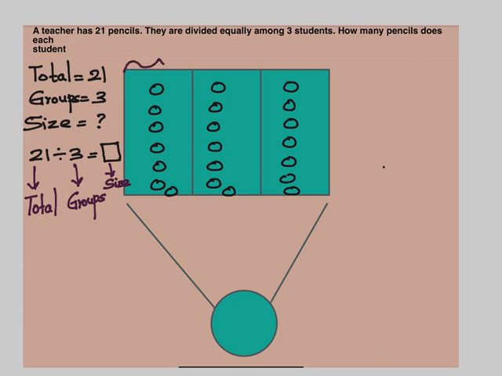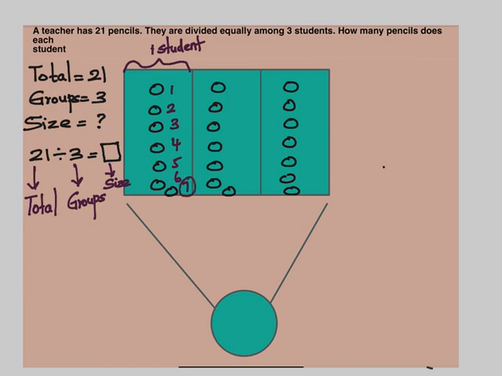Okay, so this is the first group, which is the first student. So this is one student. So let us count and find out how many pencils the student is getting. 1, 2, 3, 4, 5, 6, 7. The student is getting 7 pencils.